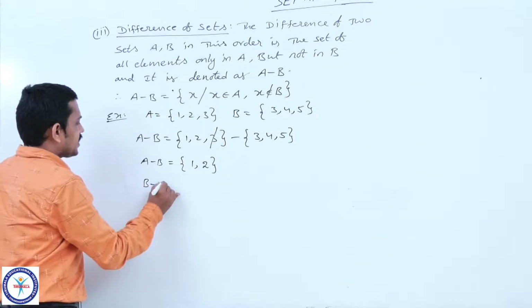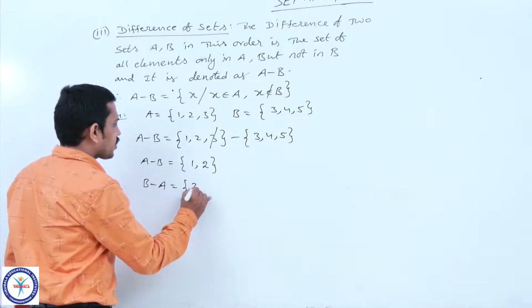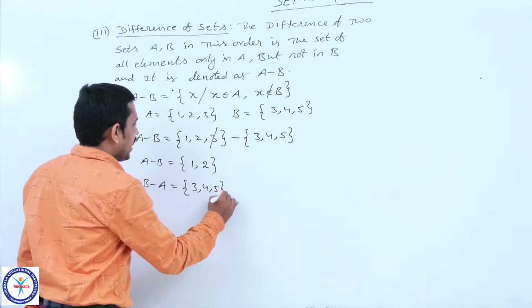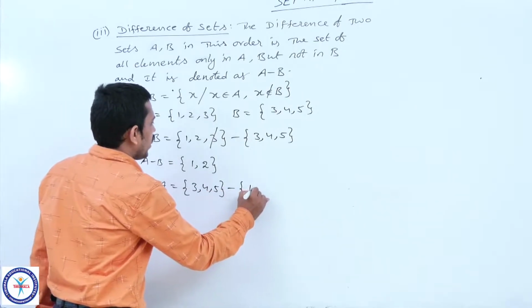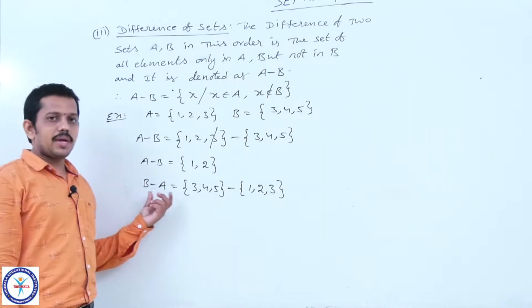So what is B minus A? In this order, first we write set B {3, 4, 5} minus set A {1, 2, 3}. Then what is B minus A?